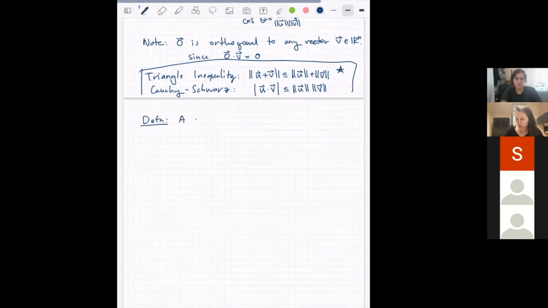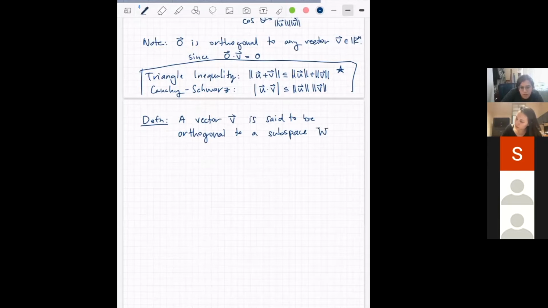A vector v is said to be orthogonal to a subspace W if v dot w is equal to 0, so if it's orthogonal to every vector w in W.